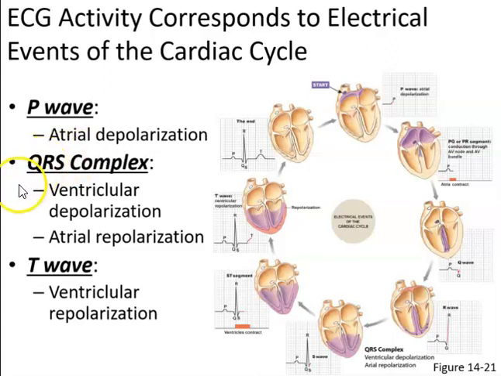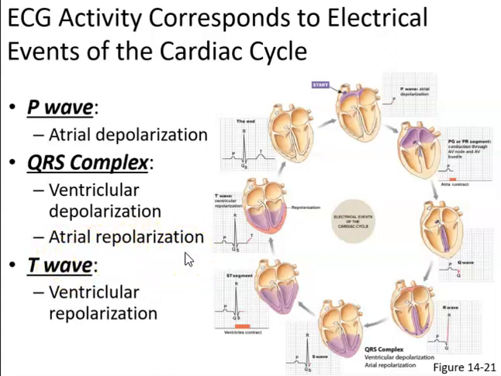The QRS complex, this corresponds to two events, actually. We know that it corresponds to ventricular depolarization, so when the ventricles are contracting. But at the same time, while the ventricles are contracting, we know that the atria are relaxing or undergoing a period of repolarization.